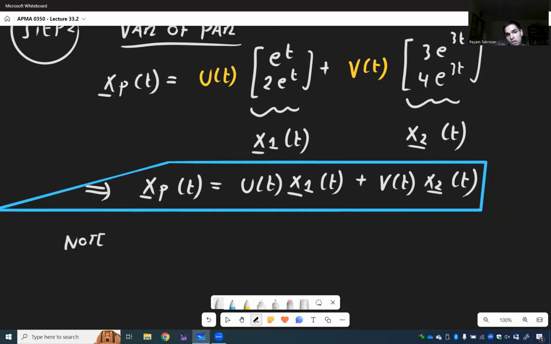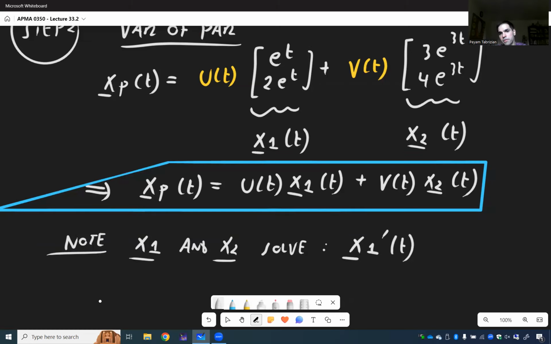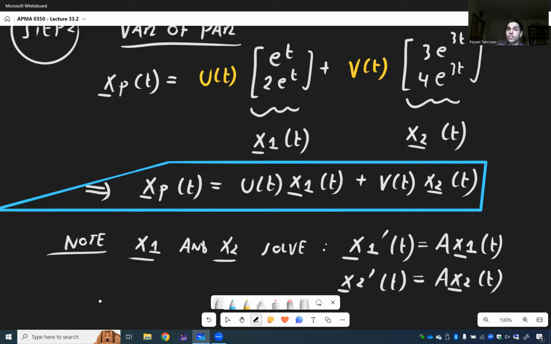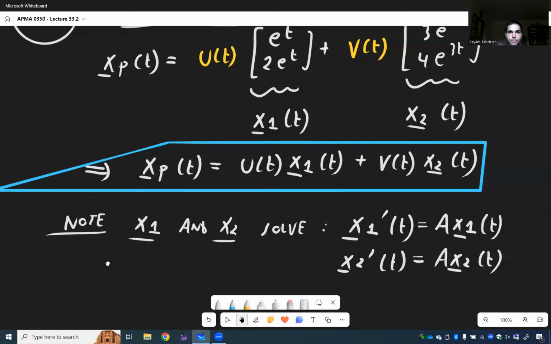So in particular, x1 and x2 solve x1 prime equals Ax1 and x2 prime equals Ax2, because they are homogeneous solutions. And once you understood that, the rest is just a matter of plugging in.